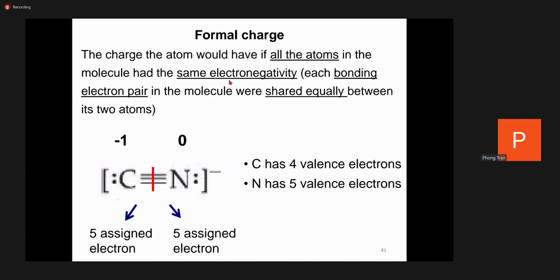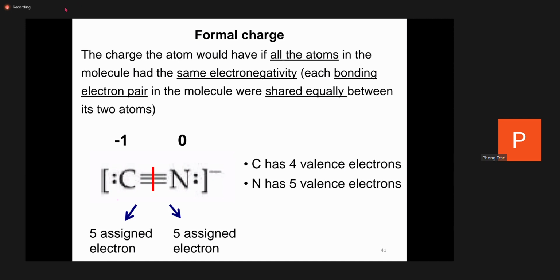The formal charge is the charge the atom would have if all the atoms in the molecule had the same electronegativity. That means you consider each bonding electron pair in the molecule to be shared equally between its 2 atoms. What does it mean? Normally when you have a single covalent bond, you have 2 electrons.